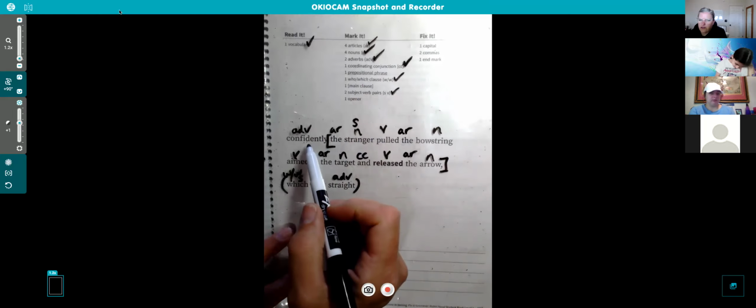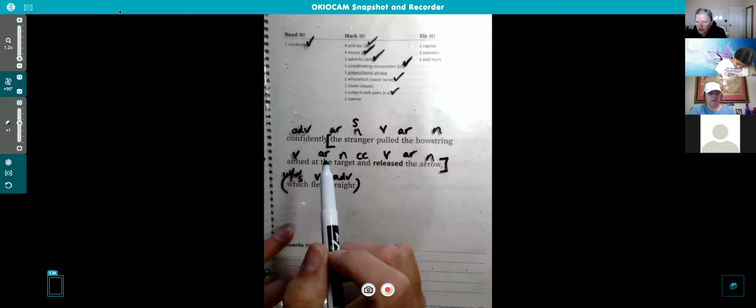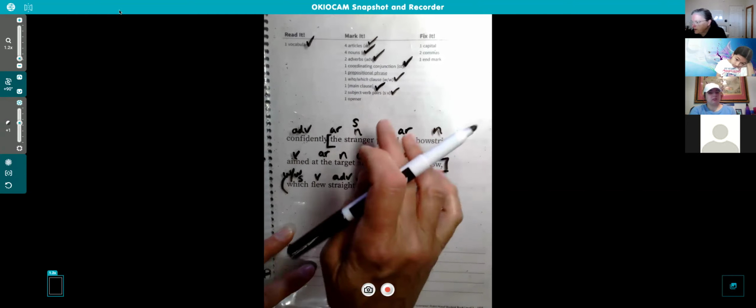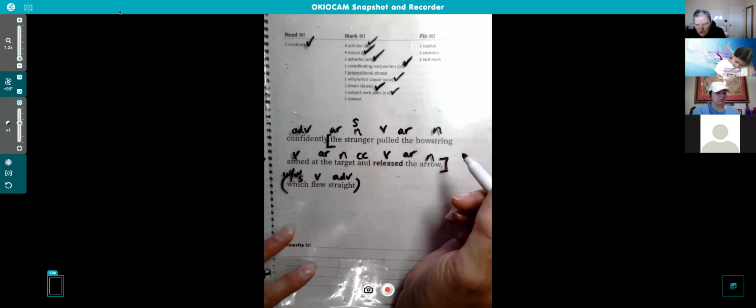And I like that you didn't use confidently because that's not part of the main clause. It's telling how he pulled it, so it's only modifying that verb right there. Nice. Excellent job. So prepositional phrase, William, where's the prepositional phrase? At the target. Good, at the target.